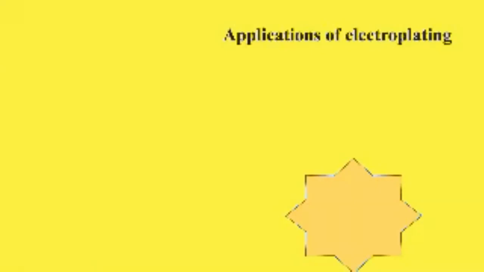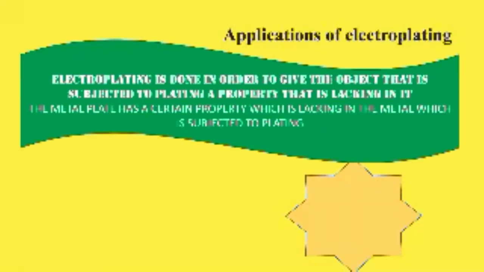Applications of electroplating. Electroplating is done in order to give the object that is subjected to plating a property that is lacking in it. The metal plate has a certain property which is lacking in the metal which is subjected to plating.